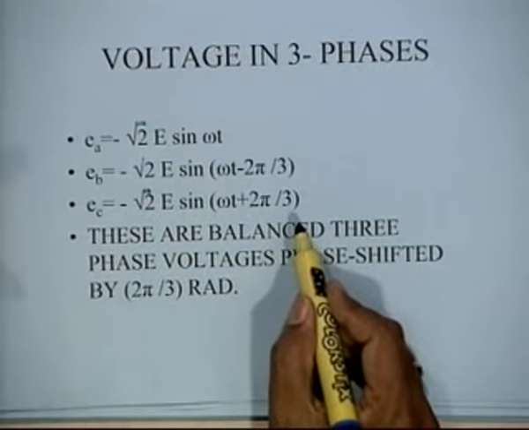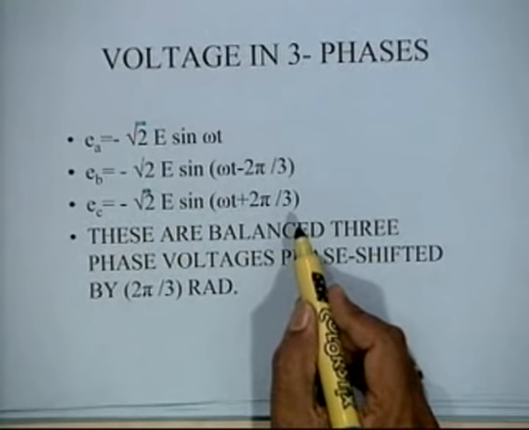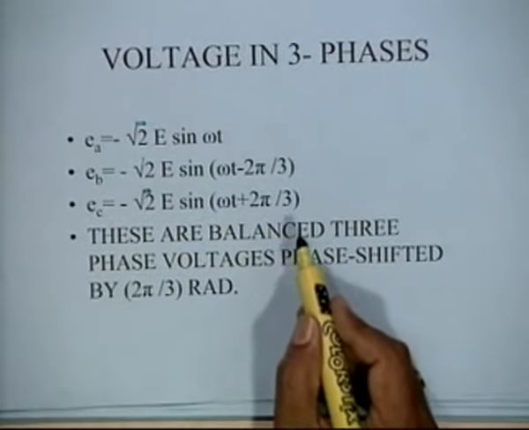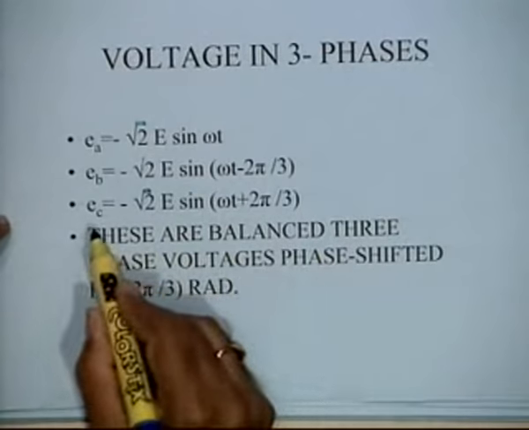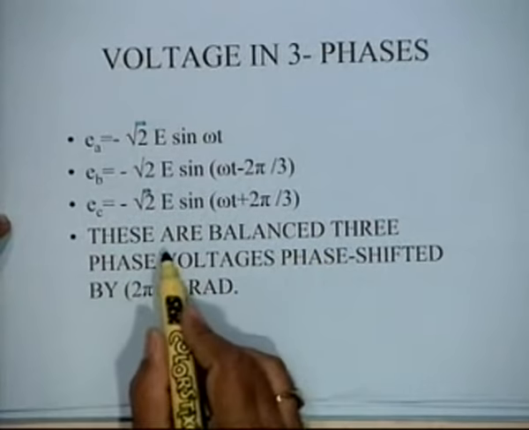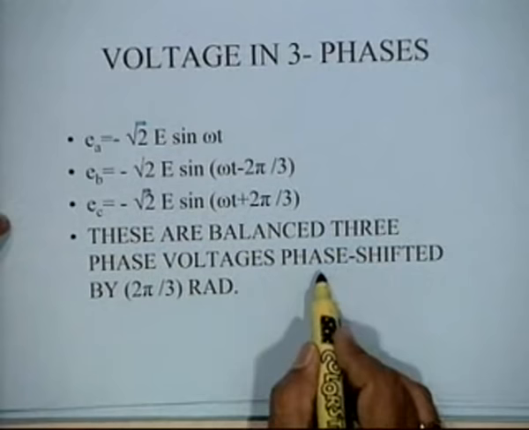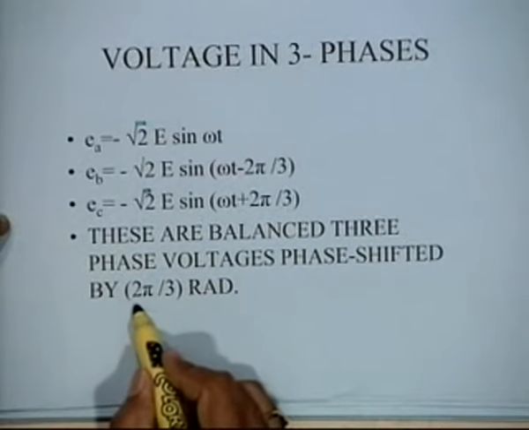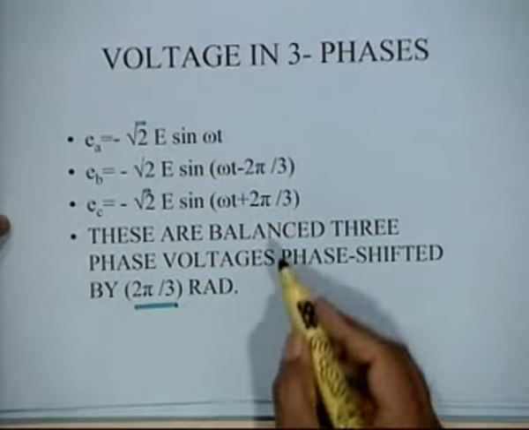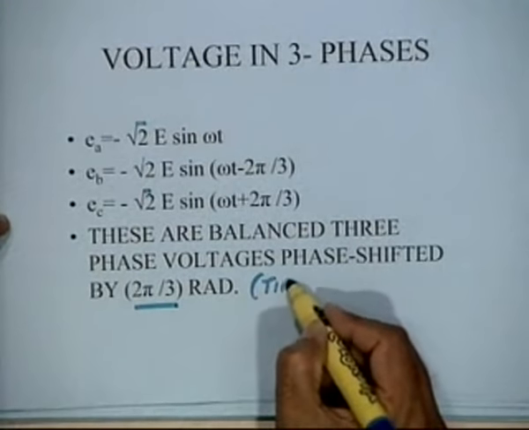That's the same thing, because λ_A, λ_B, λ_C are time displaced by 120 degrees. So we have balanced 3-phase voltages, phase shifted by 2π/3 radians, time shifted.